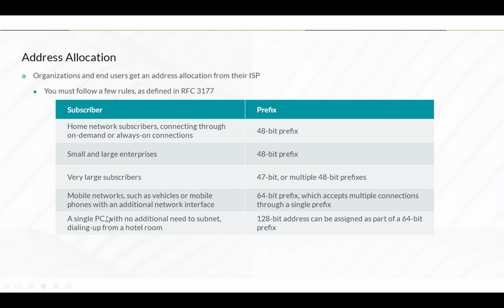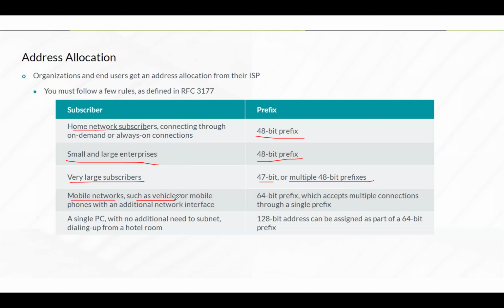If the subscriber is a home network subscriber, the prefix will be a 48-bit prefix. Small and large enterprises get a 48-bit prefix, very large subscribers get a 47-bit prefix or multiple 48-bit prefixes.